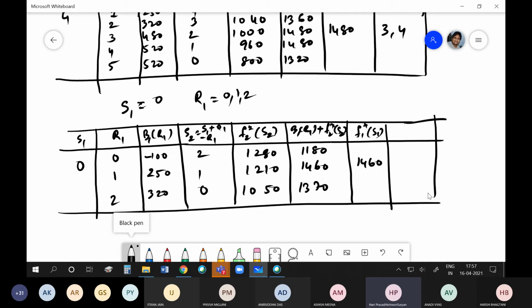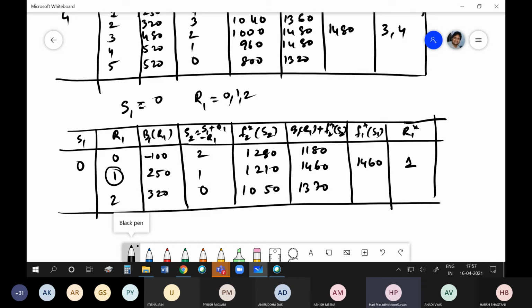And my release R1 star is 1, which is this. So what are now the optimal policies, optimal releases in each of these? We have finished this. How do I get how much I should release in the first season?